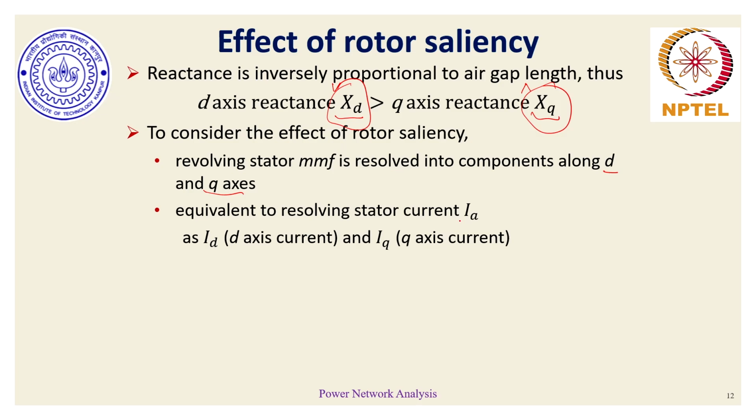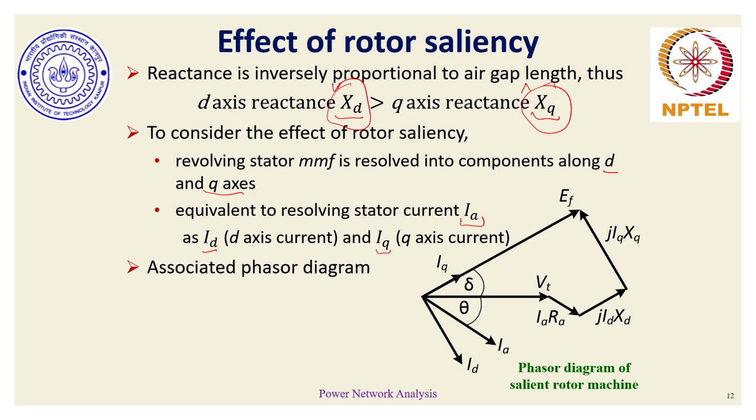So basically, we indirectly decompose the armature current or stator current IA along the direct axis, which we call ID, the direct axis current, and IQ, the quadrature axis current. These currents look something like this. The quadrature axis current IQ is parallel to the induced EMF phasor EF, whereas the direct axis component is perpendicular to the quadrature axis component.